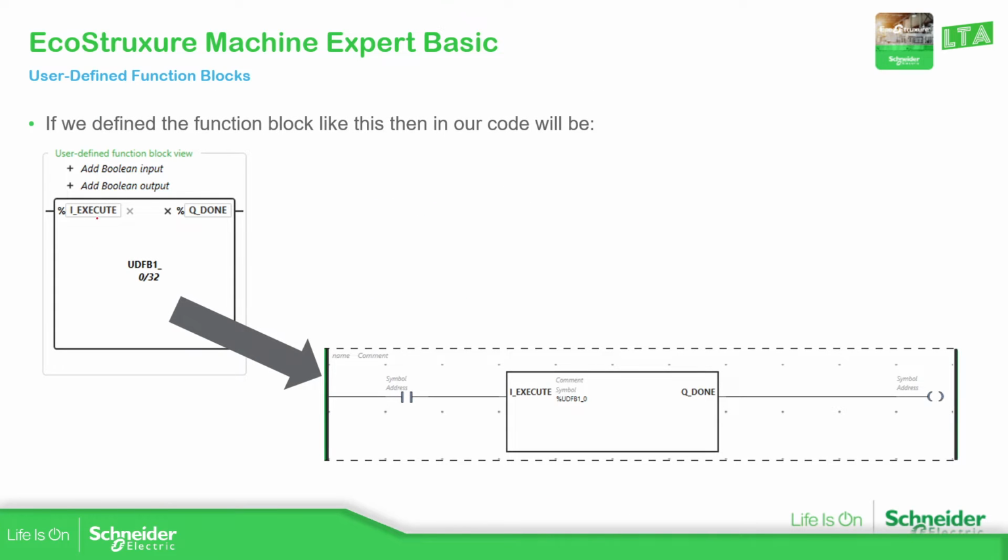So imagine that, for example, by default you have one, and then you add another output. You can see this visualization. You can change the name on the input and the output, and this is the visualization on the rung. So you can see the I execute and the Q done.